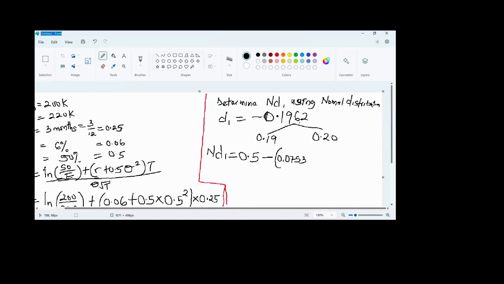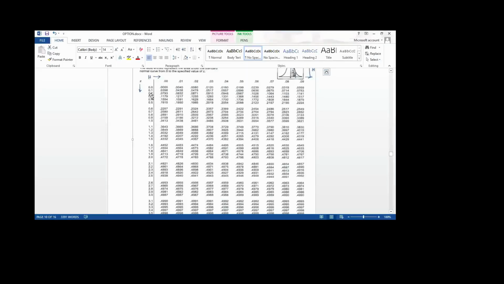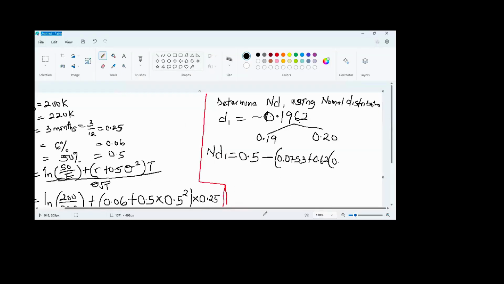I've checked 0.1 under 9, plus 0.62. Open another bracket. Now go check 0.2 under 0. That will give me 0.0793. 0.0793 minus the lower, minus 0.0753.